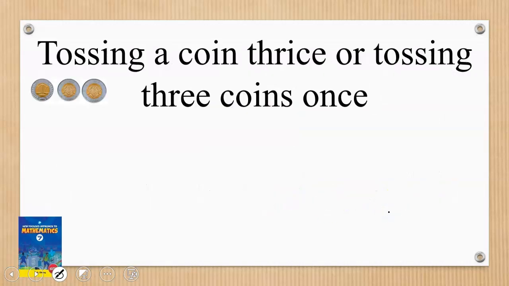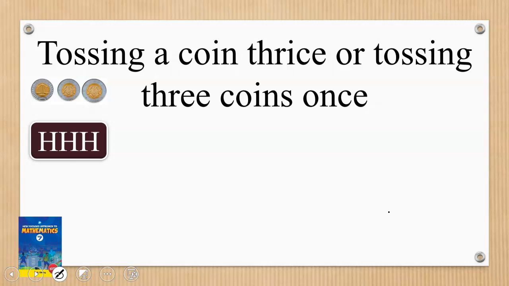What if the coins are 3 and we toss all of them once, or we have just a coin and we do the experiment 3 times? We toss first, second, third. What are the possible outcomes when we are done with the 3? Either all of them will appear head, do you get it?